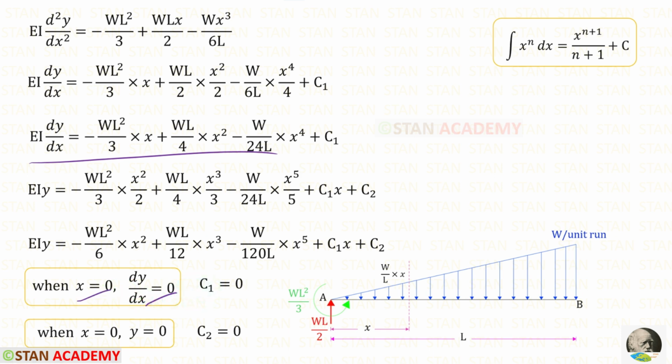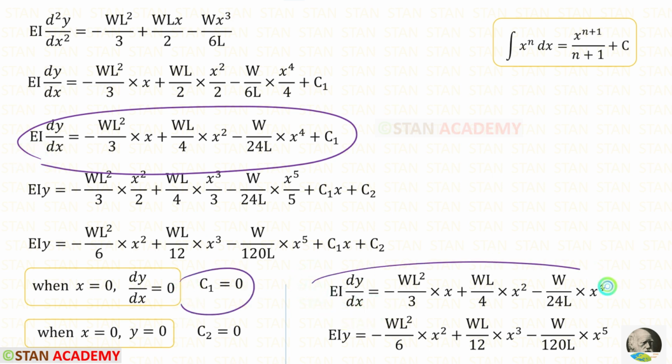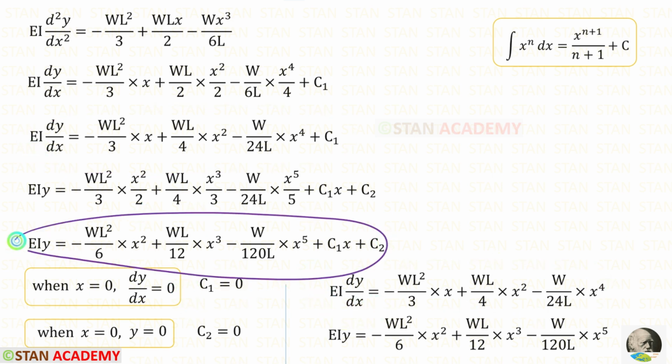In this way, we will get C1 as 0. And in this one, we can apply x, y and C1. In this way, we will get C2 as 0. In this equation, let us apply the value of C1 so that we will get this. And in this one, let us apply the values of C1 and C2 so that we will get this.